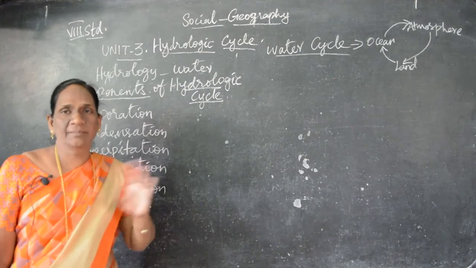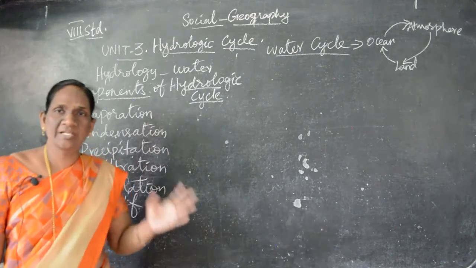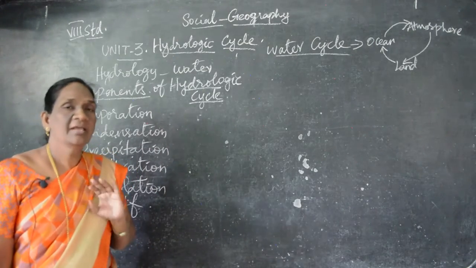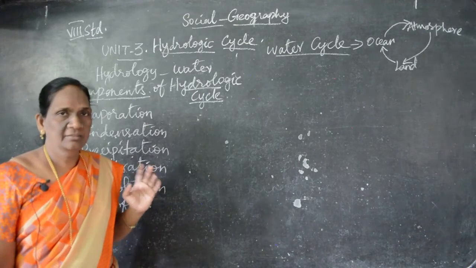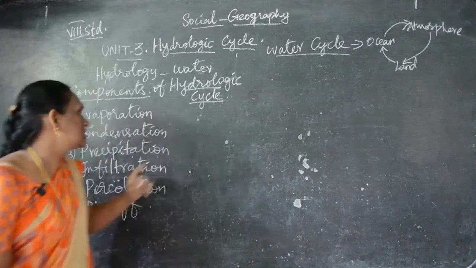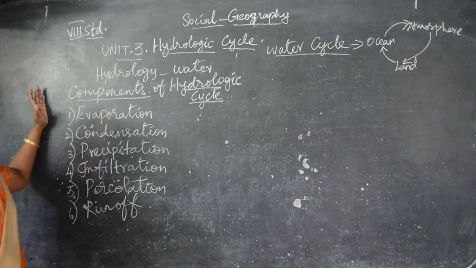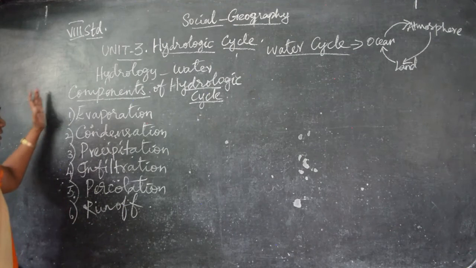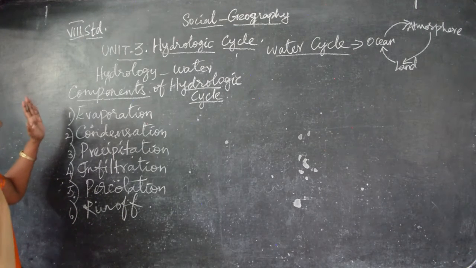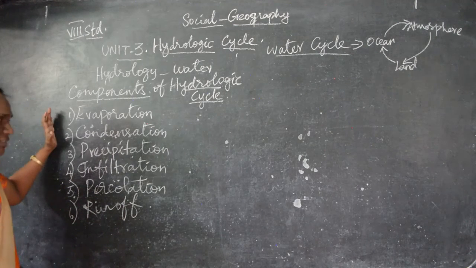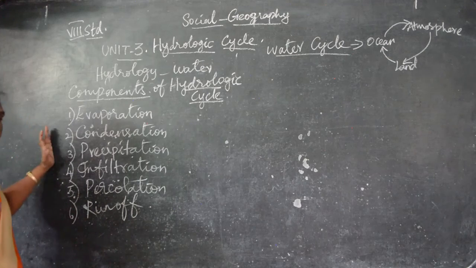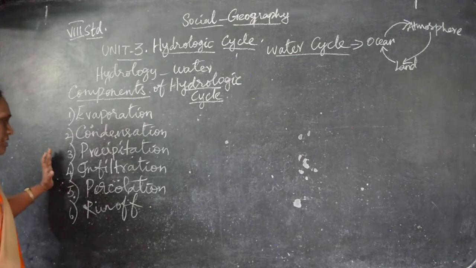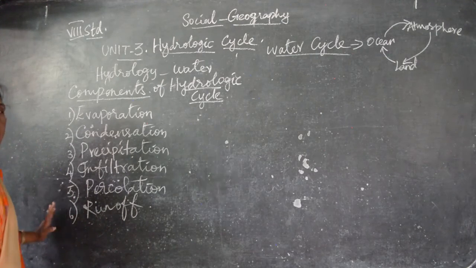So together evaporation and transpiration is called evapotranspiration. Okay, that is enough. Next we will see about the components of hydrologic cycle. What are the 6 components? Say all of you. Evaporation, condensation, precipitation, infiltration, percolation and runoff.